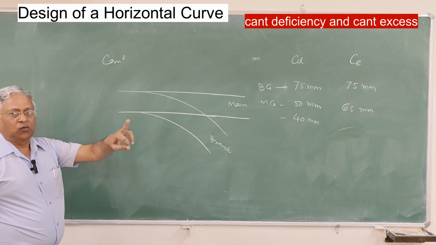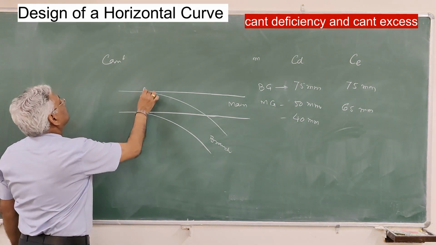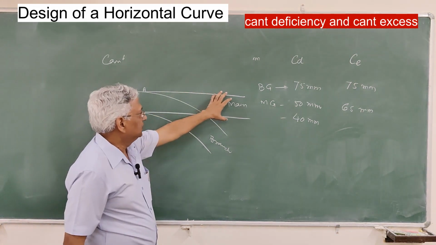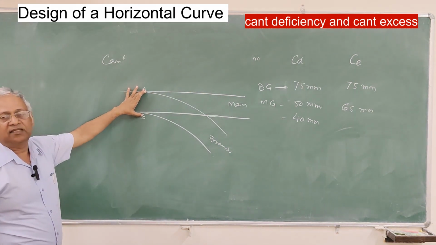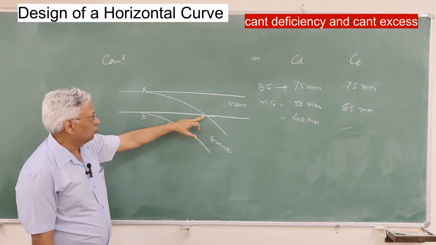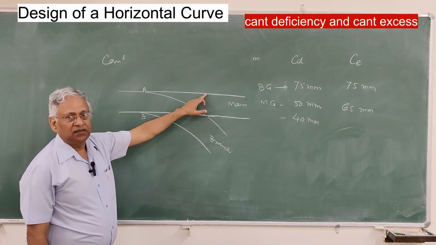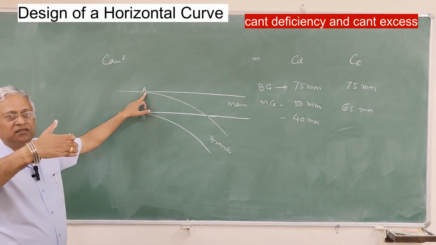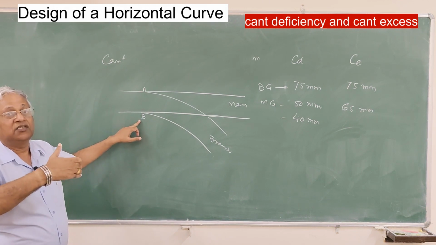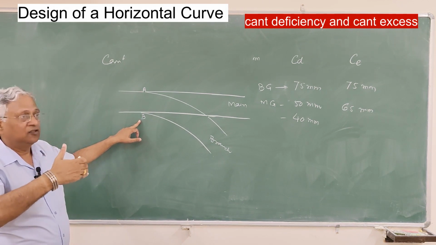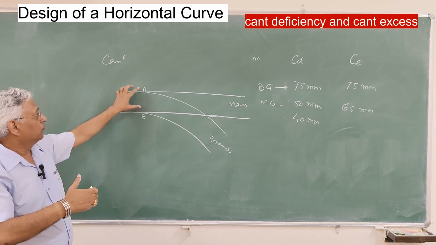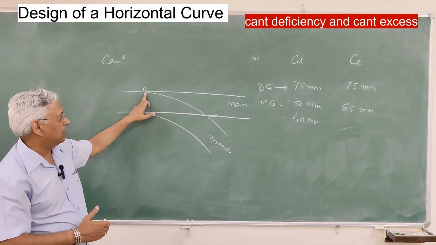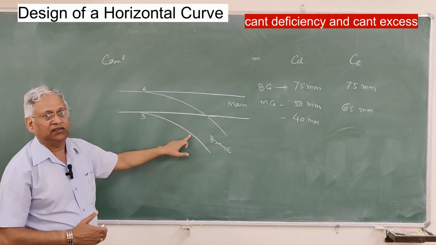Now, what basically it requires, if this is the point here, is that for the main line, both these points must be at the same elevation. Even these 2 points must be the same elevation. But this track requires that the point A must be at higher elevation than point B. That is to take care of superelevation or centrifugal force. So for this track, 2 points should be the same level. For diverting track, this must be at higher level than this point.